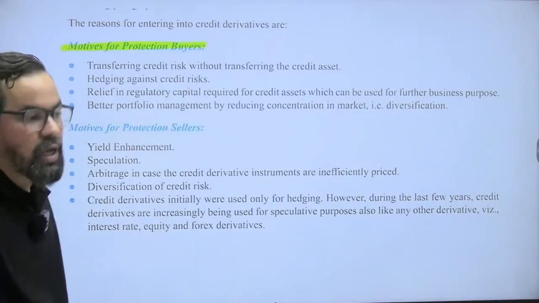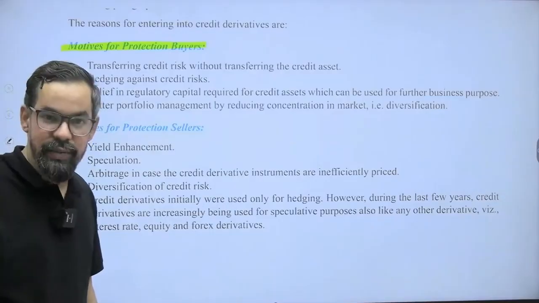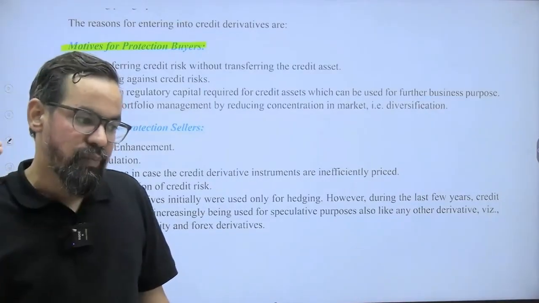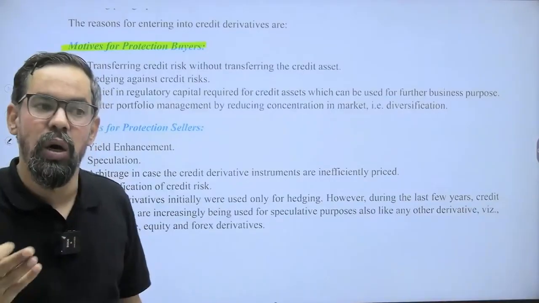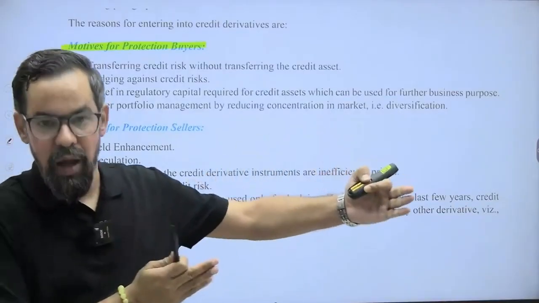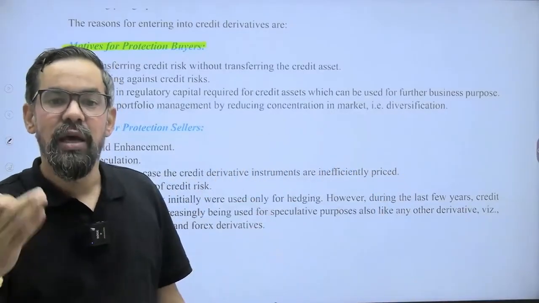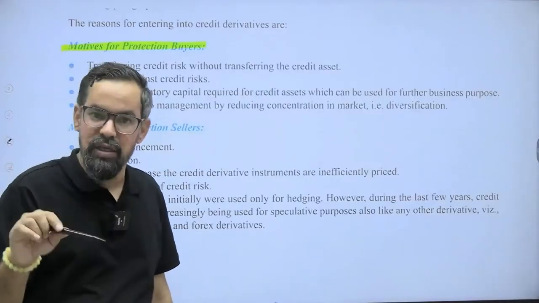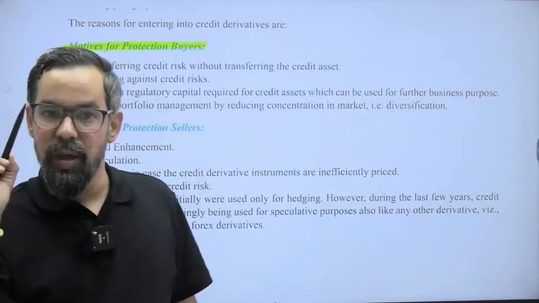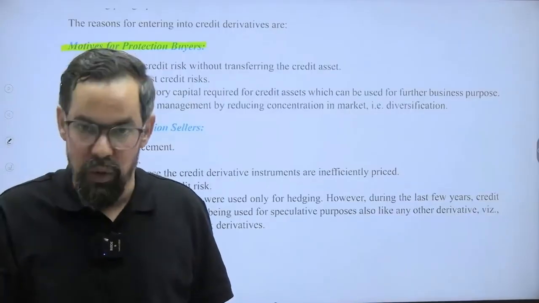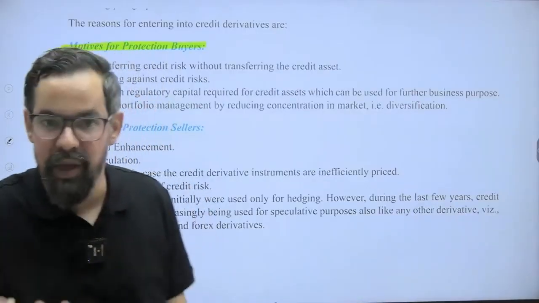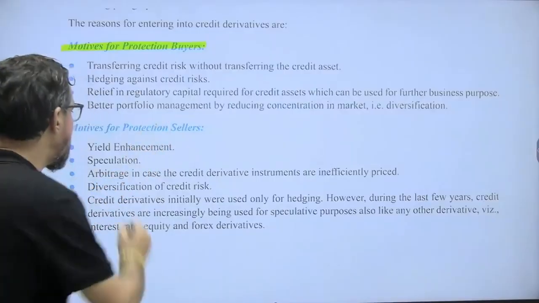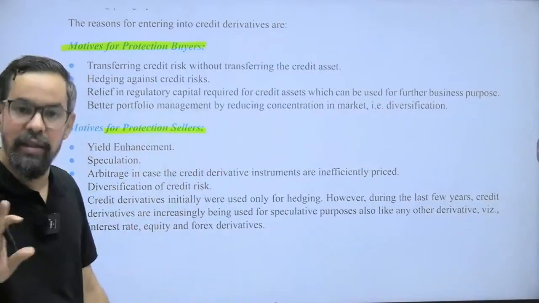Let's say we have given a loan of 50 crore rupees to XYZ company. We entered into a credit default swap agreement with some ABC Financials. If this company defaults, ABC Financials promises to pay us the outstanding balance, and for that we pay them a premium. So we are the protection buyer and ABC Financials is the protection seller in that case.